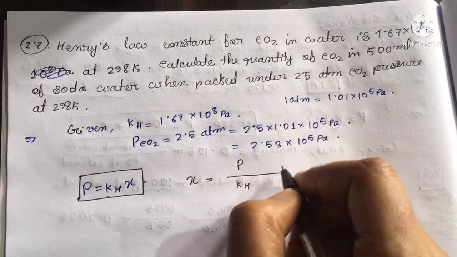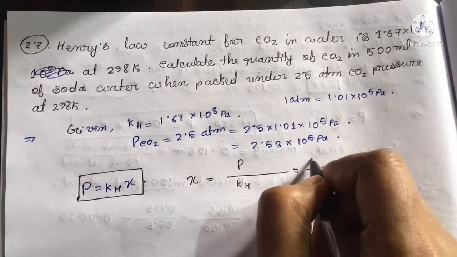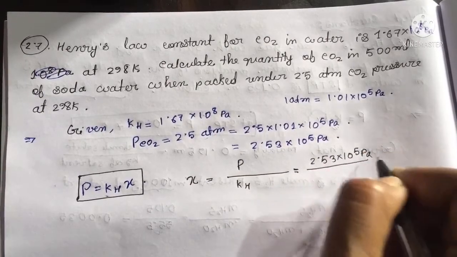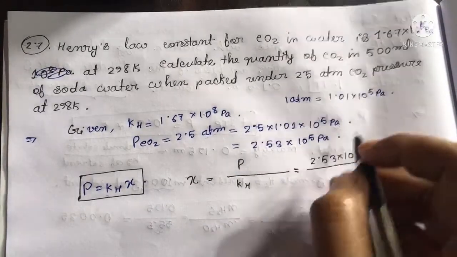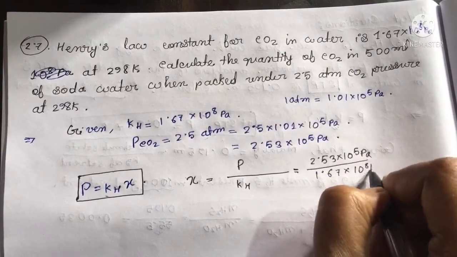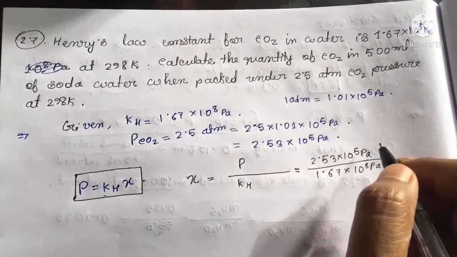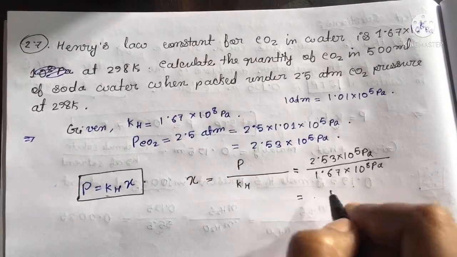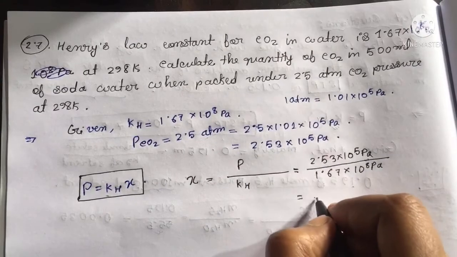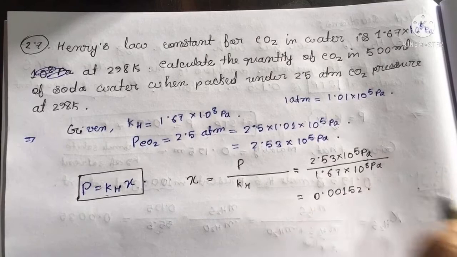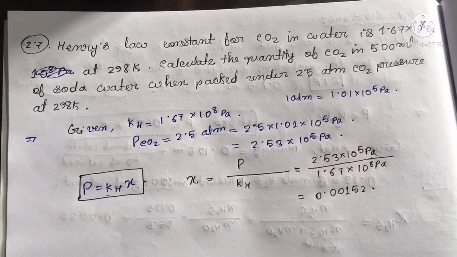The p value is 2.53 into 10 to the power 5 Pascal, and the value of kH is 1.67 into 10 to the power 8 Pascal. So the value is around 0.00152.